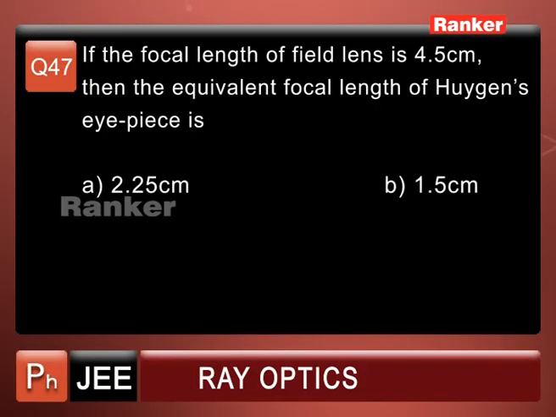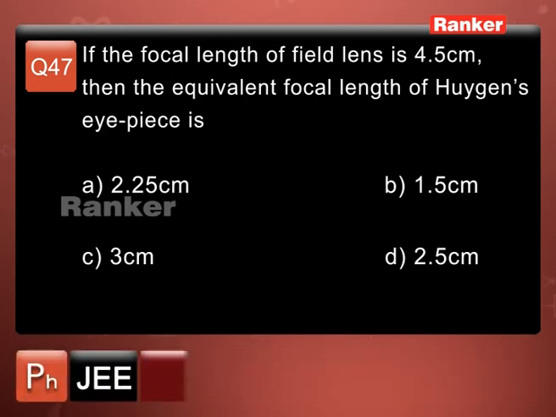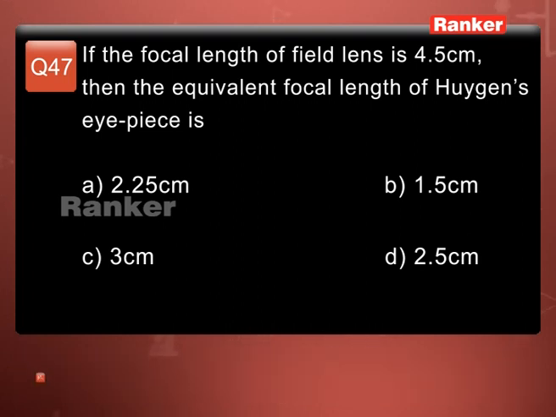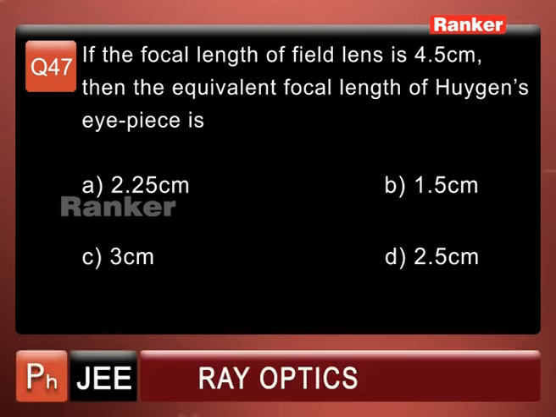If the focal length of field lens is 4.5 centimeter, then the equivalent focal length of Huygens eyepiece is how much? Options are given: 2.25 centimeter as the first option, 1.5 centimeter as the second option, 3 centimeter as the third option, and 2.5 centimeter as the fourth option.